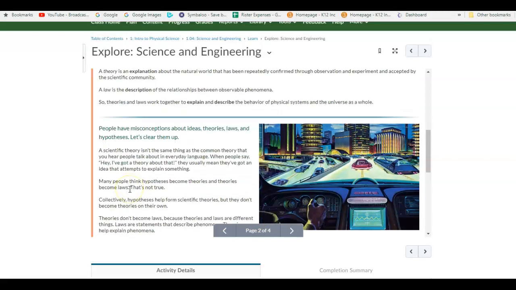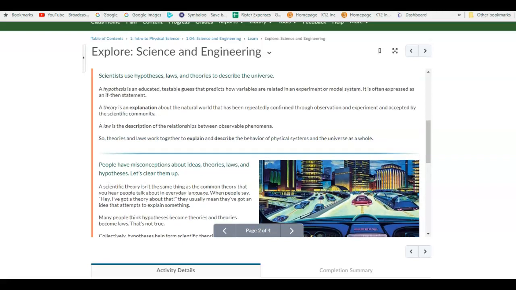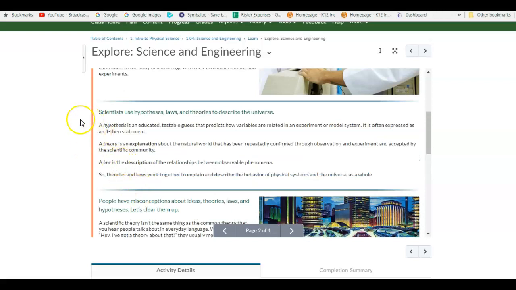So here we go with our fourth question, the difference between a hypothesis, theory, and law. So we're talking about that here. Scientists use hypotheses, laws, and theories to describe the universe. A hypothesis is an educated, testable guess that predicts how variables are related in an experiment or model system. It is often expressed as an if-then statement.